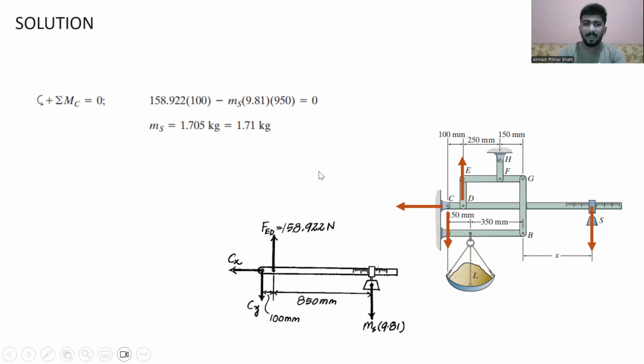Because you see, we take in this problem that our moment is positive in the anti-clockwise direction. So we get ms. You can see this is the mass of the counterweight S, which is 1.71 kilogram.